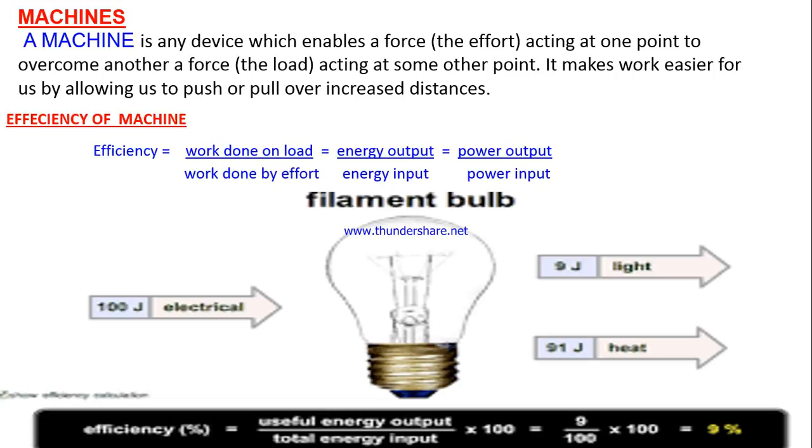My efficiency here, 9 over 100 by 100 percent is equal to just 9%, making it not very efficient, right? Because we're losing most of our energy, it is being transferred into another form, which is heat, and so the majority of energy is not being transferred into the form that we want it to be, which is light, and so it's not very efficient.